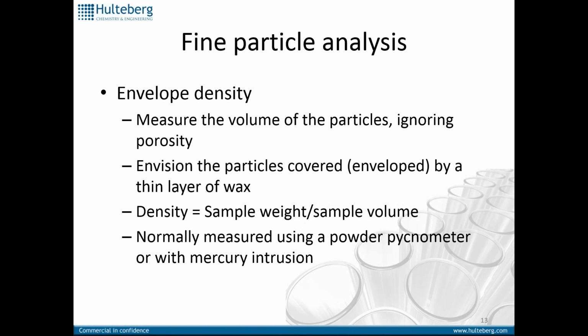It measures the volume of the particles, but ignores the porosity inside. So think of it as covering the particles by a thin layer of wax and then calculating the density by using the weight inside the wax layer. And again, this can be measured by powder pycnometer or with mercury intrusion.